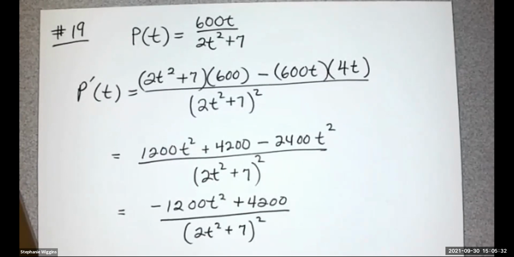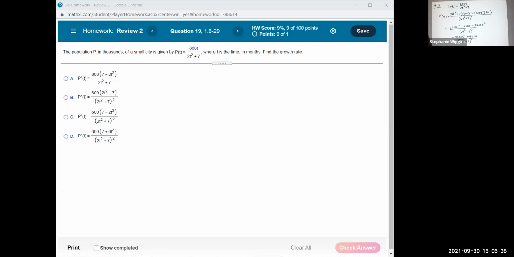Okay, so looking at the choices here, it looks like they did not distribute this. They factored out 600 because there's a common 600. So I'm going to do one further step to match their choices.